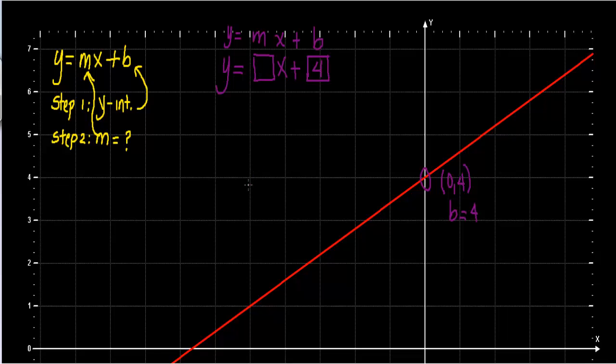Remember when we were drawing the graph, we would use the slope to rise and to run. So now this is what I'm going to do. Here's my y-intercept. I'm going to look for another point on this line wherever you want on this line. The important thing is that the point you select, that second point, should be a point that falls right on the intersection of your coordinate graph.